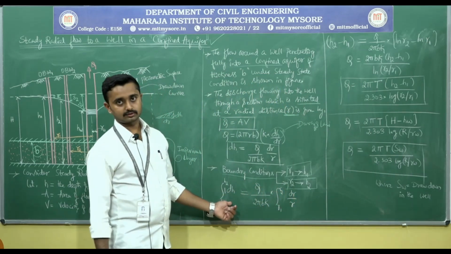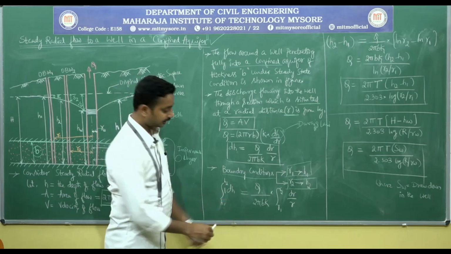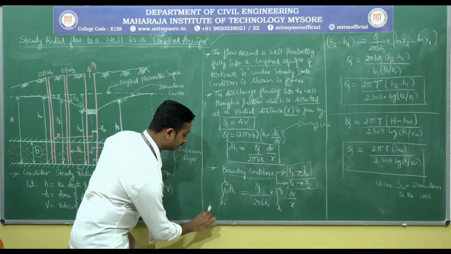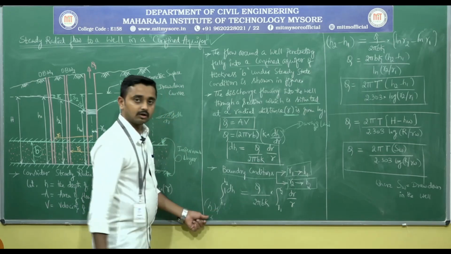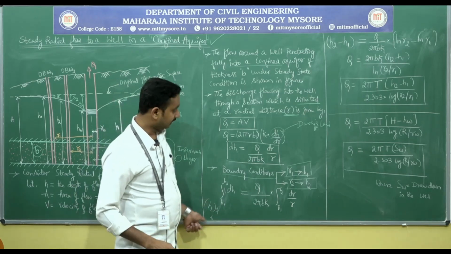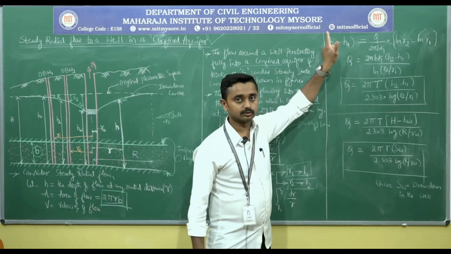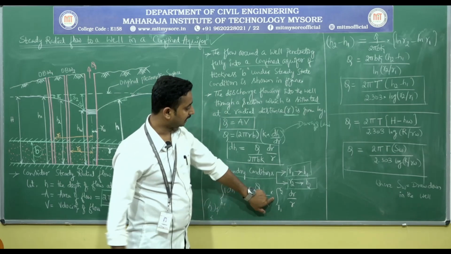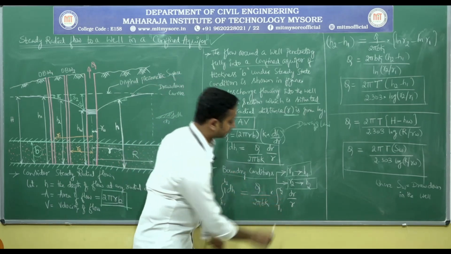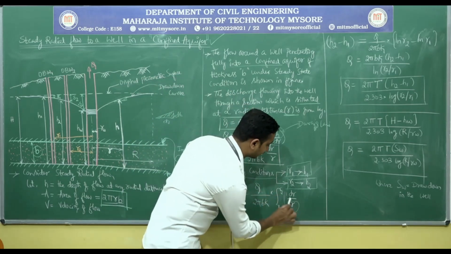Integration of 1 into dh is h, between the limits h1 to h2. Now upper limit minus lower limit: h2 minus h1 equals Q divided by 2 pi bk as it is, multiplied by the integration of 1 by r dr, correct?